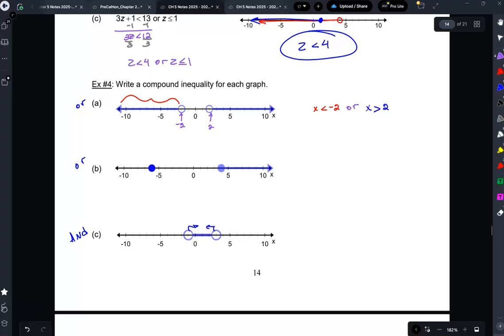This one, the right one is easier. This is x is greater than or equal to 4, correct? Okay, this one, this is at -6. Now, is that going anywhere or is it just a point? It's just a point, so I say x equals -6.